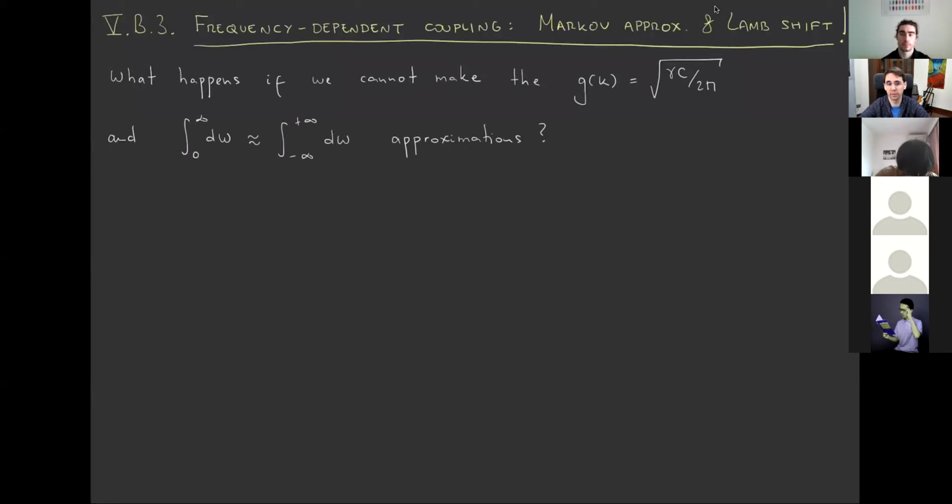So in order to answer this question, let me come back to the expression of the evolution of the reduced state of the atom right after doing the Born and the absence of back action from the atom to the environment approximations. So let me write it down and you will hopefully remember what I'm talking about.